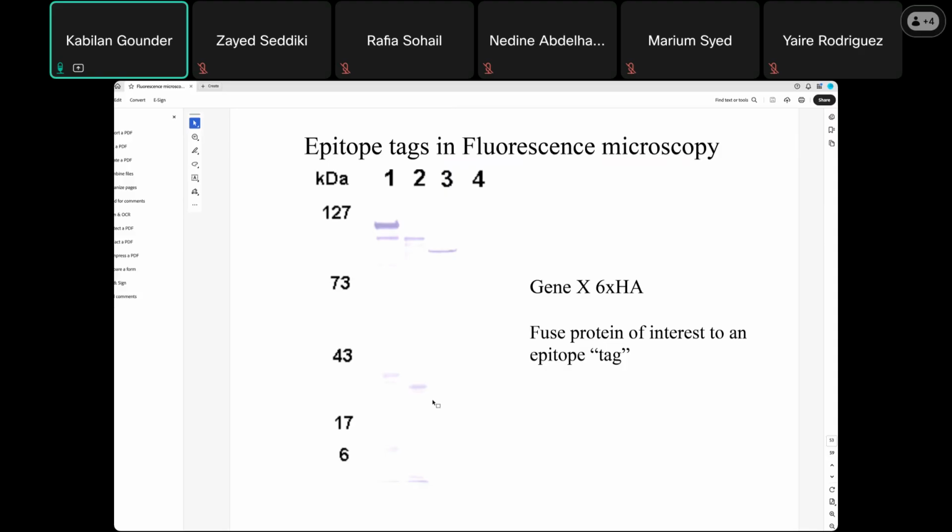The tag helps to purify this protein, and then we ran it onto polyacrylamide gel electrophoresis, and then did the Western blot analysis.